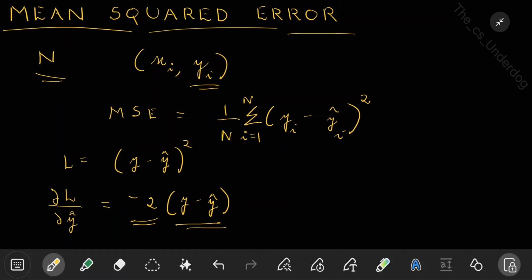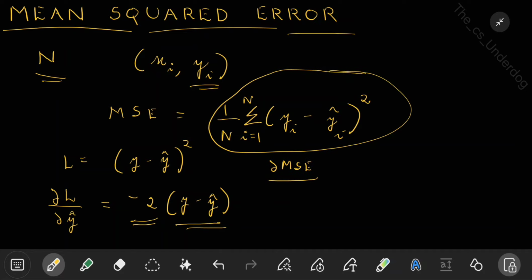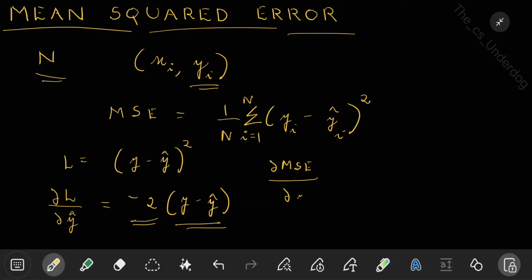So if you take the full data set, what happens? For all the n points, if you take del MSE, that is, MSE is this particular value, by del yi cap, I'm taking the gradient with respect to one particular predicted value. If I take this, what happens? In this summation, there will only be one particular term corresponding to yi.